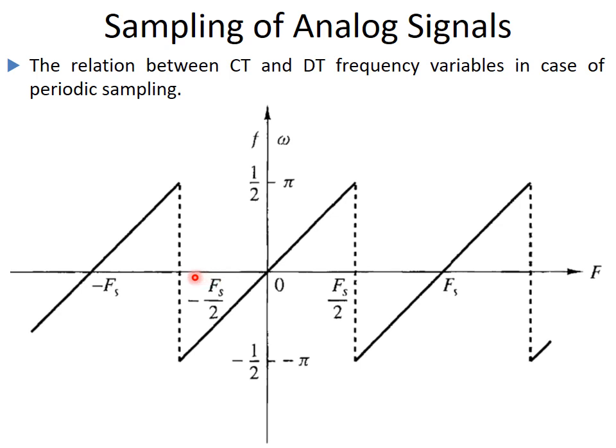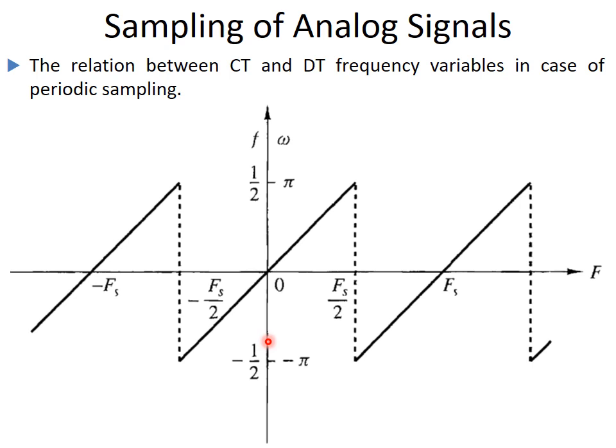When the frequency of the continuous time signal is between minus Fs upon 2 to Fs upon 2, you can see the discrete time frequency variable is increasing linearly with the continuous time variable, and outside this interval the frequencies are repeating itself.